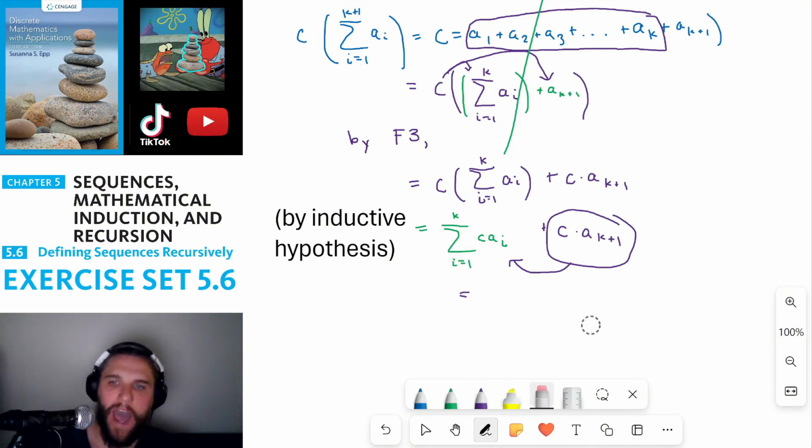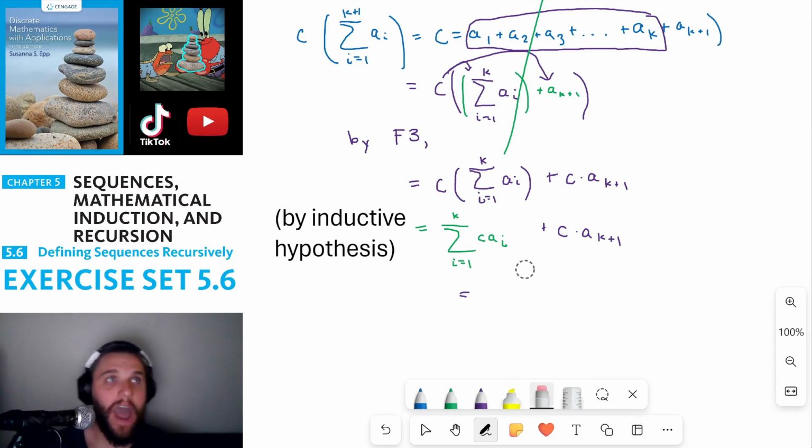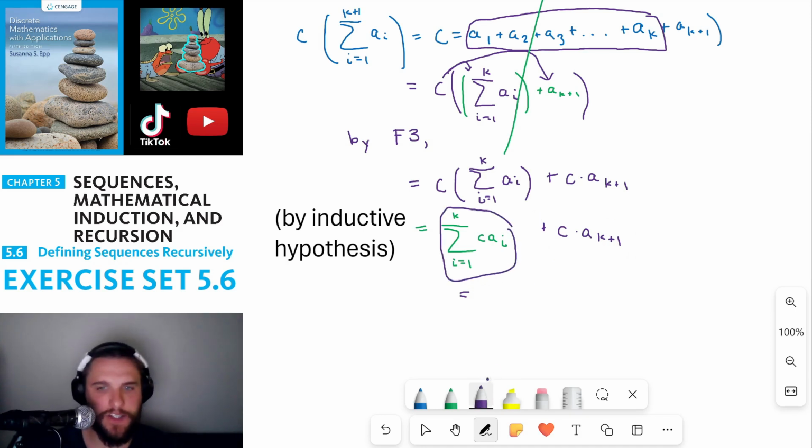To show you how we do this explicitly, I have some previous videos discussing this, but the trick to understanding what's going on here is to expand this series. In expanded form, we can iterate the index variable from i equals 1 to k and write c times a sub 1 plus c times a sub 2 plus dot dot dot plus c times a sub k.